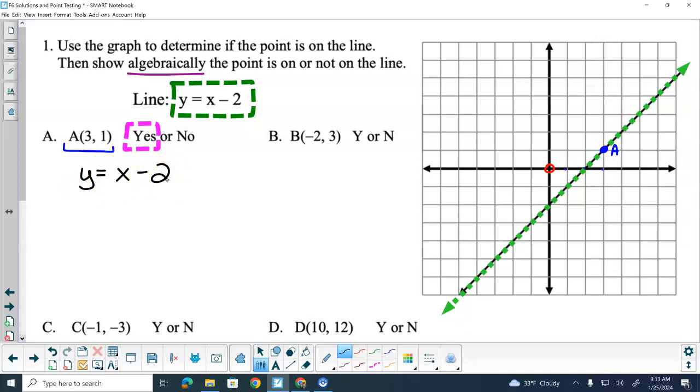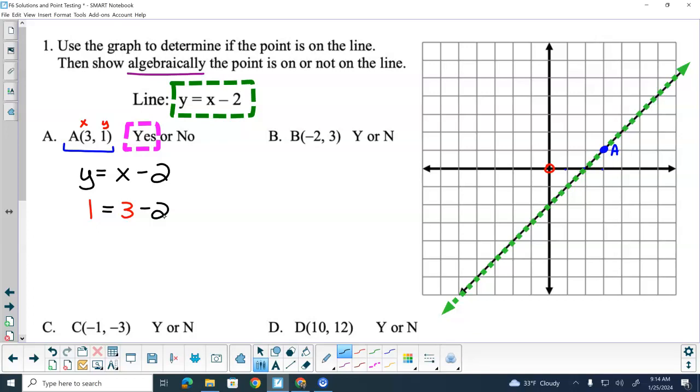We're going to take our point A, and within our point A, we've got an x value and we've got a y value. Because remember, points are x, comma, y. And what we're going to do with that then is we're going to put in 3 for x, and we're going to put in 1 for y into our equation, just like we were doing in the warm-up. Except now, instead of just plugging in 1 variable, we got to plug in for 2 variables. Okay?